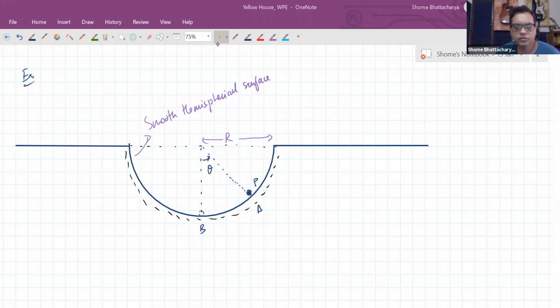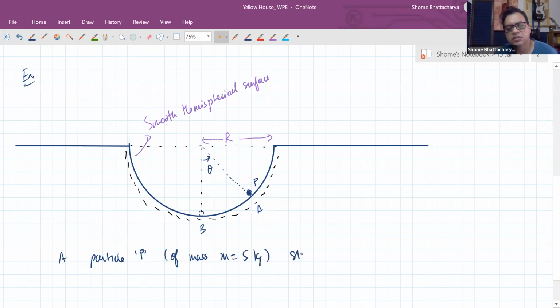Okay, so a particle P of mass 5 kilograms slides from A to B. So now given that this theta is 53 degrees, the radius is 10 meters, the acceleration due to gravity is 10 meters per second square.